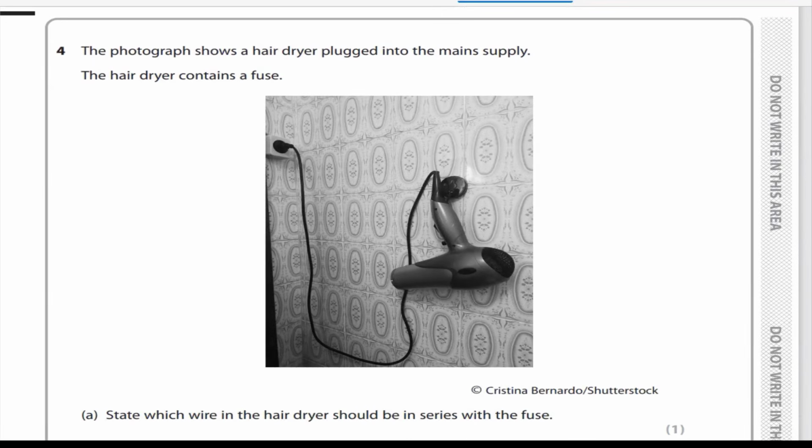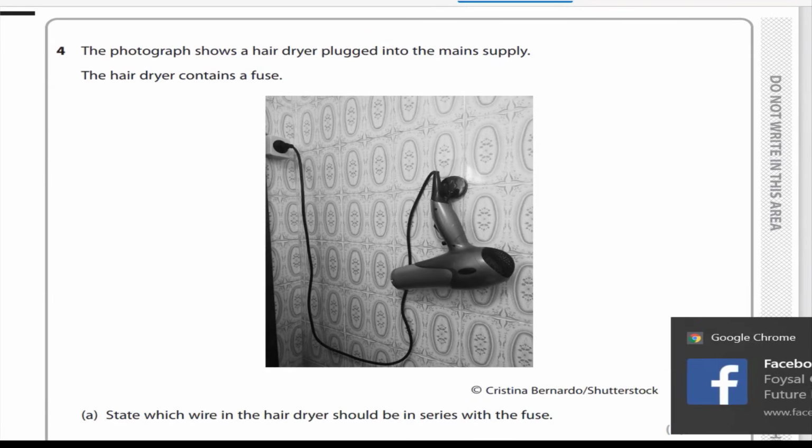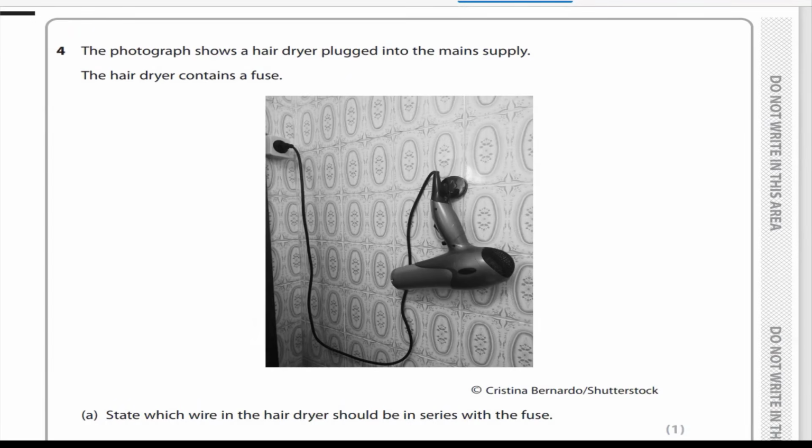Question number 4. The photograph shows a hair dryer plugged into main supply. The hair dryer contains a fuse. State which wire in the hair dryer should be in series with fuse.